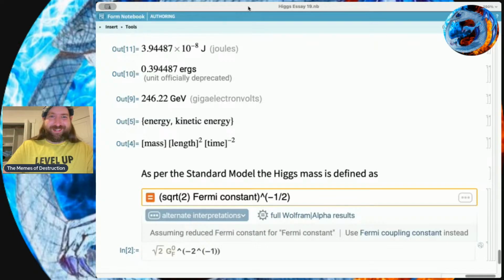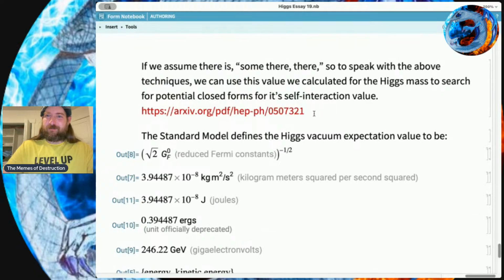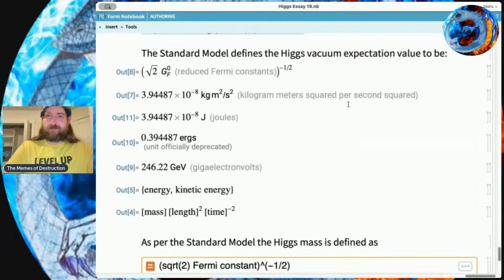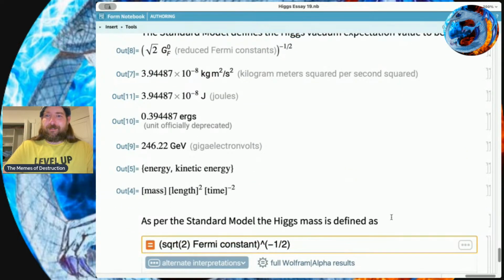It literally also says in the standard model, and as the lambda.